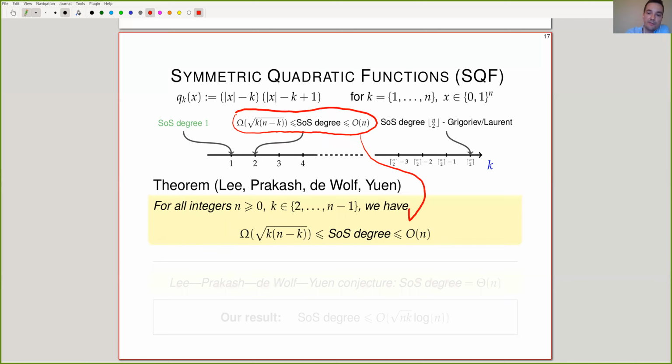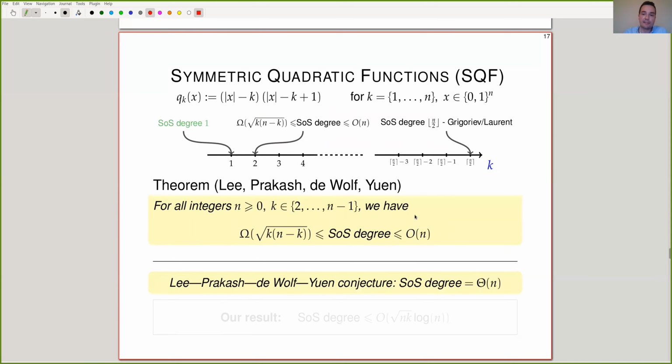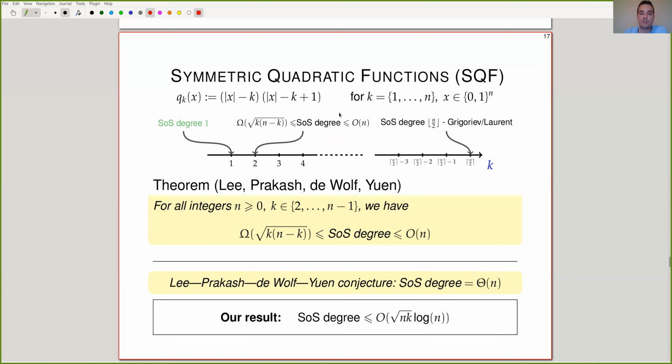But in this paper, they actually conjectured what the proper answer should be, and they said that in their opinion it should be theta of n, meaning that they believe this upper bound is the correct bound. Our main result is disproving this conjecture: we prove that the sum of squares degree is at most square root of nk times a log n factor.